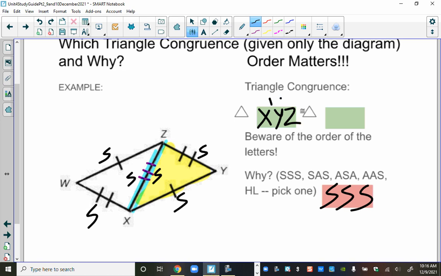Y to Z was 2. And then, of course, you got to go to 3. And you got to follow that order. So you want to go from 1 to 2 to 3. Now the question is, where do we start in this triangle? The one that I'm gonna shade in green.